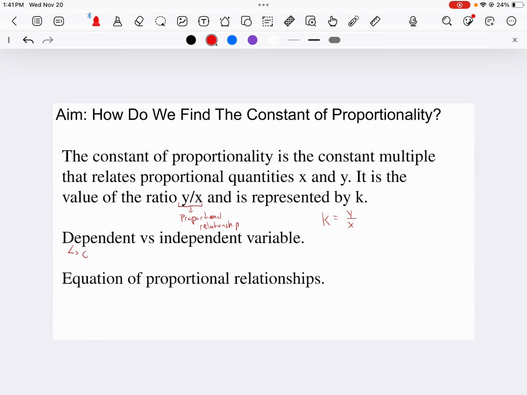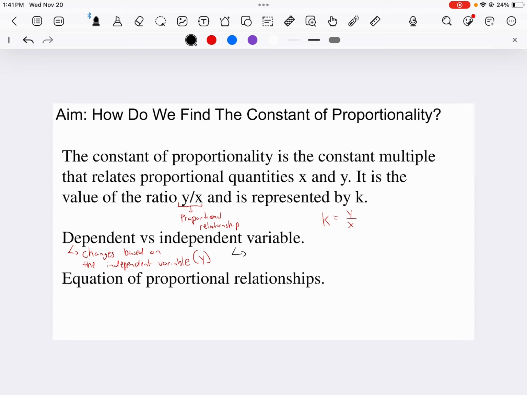Just a review of our dependent versus independent variables. The dependent variable changes based on the independent variable. And in math, what we're going to be working on, the dependent variable is going to be your y value.